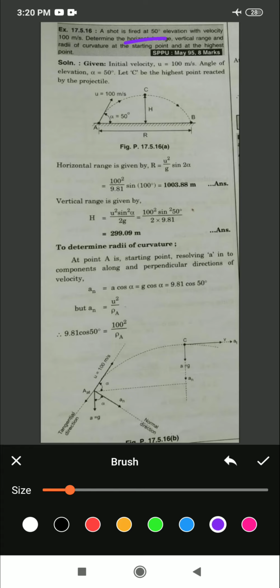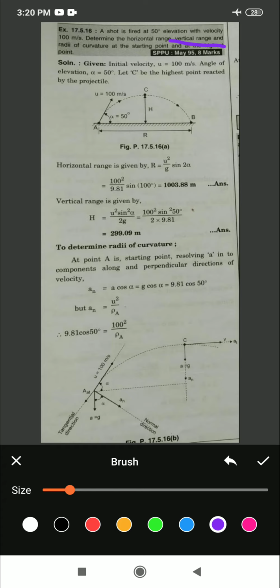horizontal range. Horizontal range is the distance horizontally from point of projection to point of landing. A is the point of projection, B is the point of landing. In horizontal sense, the distance between these 2 points is R. Also, it is asked to find out vertical range.